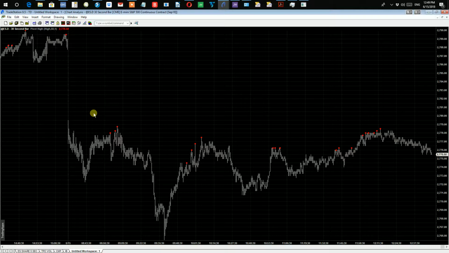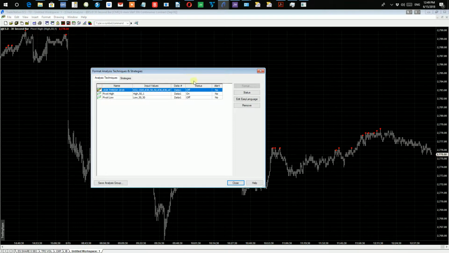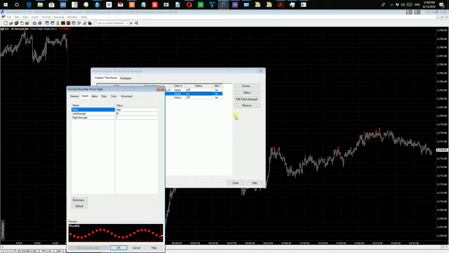Now, it's not going to plot exactly the same way because the right strength is 1. But if we want it to look exactly the same, we know that this really needs to be 10 because there are 10 30-second bars in one 5-minute bar.